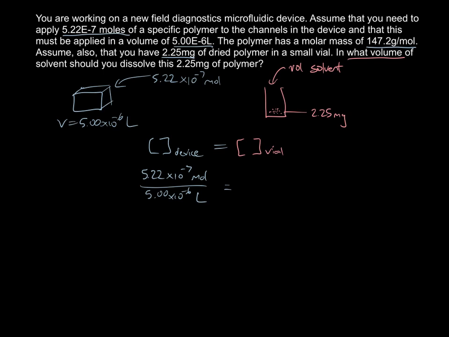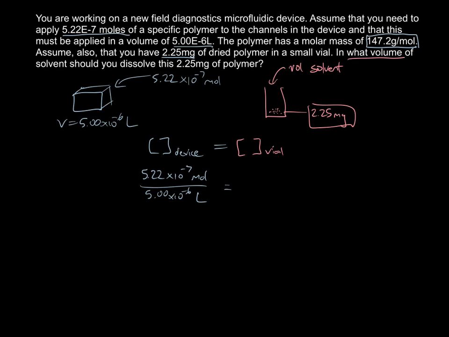And that is equal to the concentration in our vial, which is a little bit trickier to calculate because the amount of polymer we have is given in milligrams and not moles like it is for the device. So we need to somehow convert milligrams to moles in order to calculate a concentration. But luckily we are given a molar mass of the polymer, so we can convert between mass and moles.